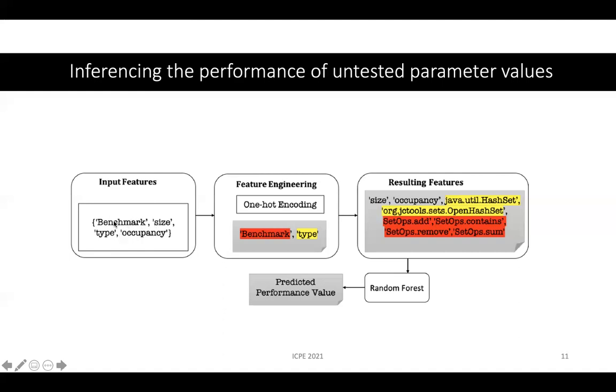We have two parameters that are categorical, so we need to encode them using one-hot encoding. Once we encode those parameters, their values become the features, holding the values of 0 or 1 based on their occurrences in the data point. Then we divide the data into two parts: the part for training, which constitutes 80% of the samples, and the part for testing, which constitutes 20%. Then we feed it into the model for training and testing.